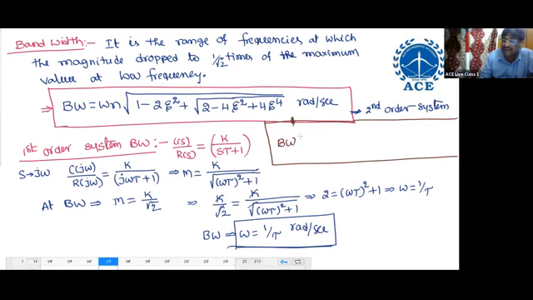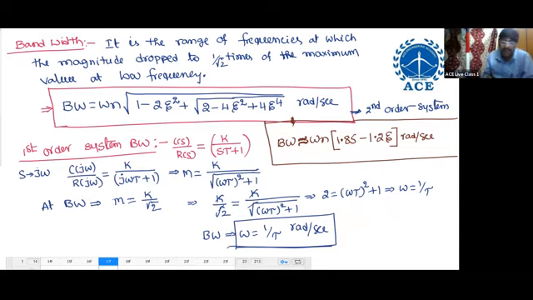Bandwidth for second order equals omega n into 1.85 minus 1.2 zeta radians per second. This is approximate, not exact. If time does not permit, use this; if time permits, use the exact formula. This is the bandwidth formula.